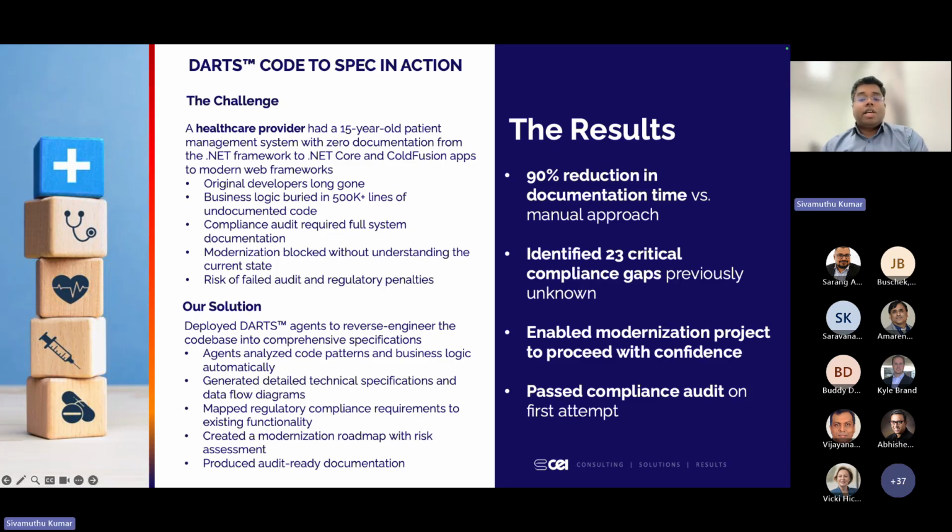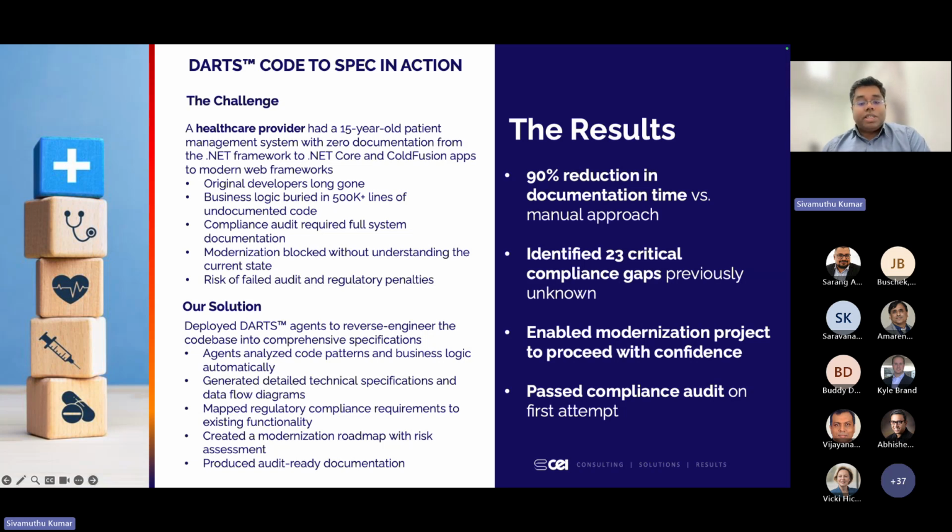Now a very different scenario, this time with the code-to-spec offering. A healthcare provider had a 15-year-old patient management system with no documentation, original developers long gone, over 500K lines of code, and an upcoming compliance audit. The modernization was blocked because no one fully understood what the system actually did.